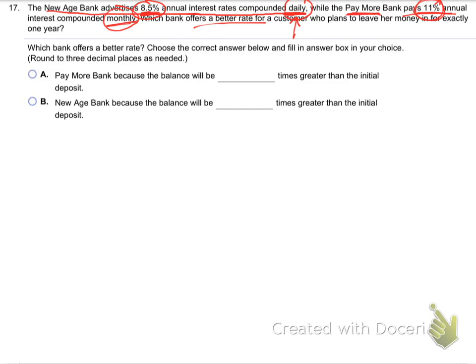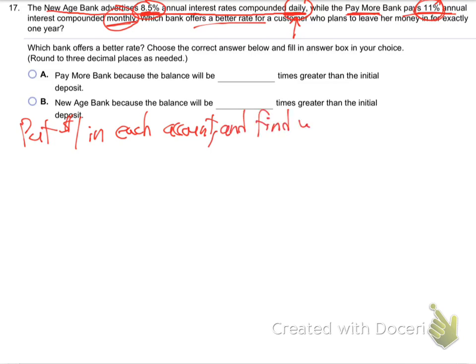What I suggest is put $1 in each account and find what it becomes.